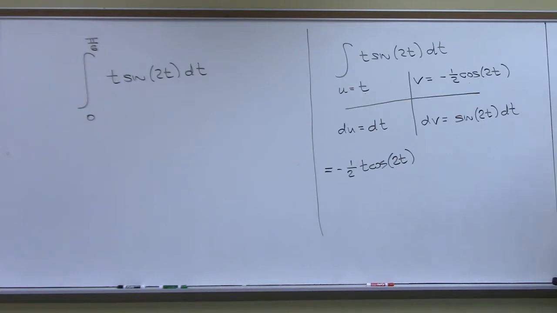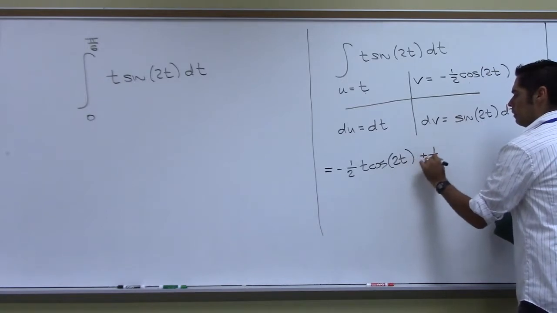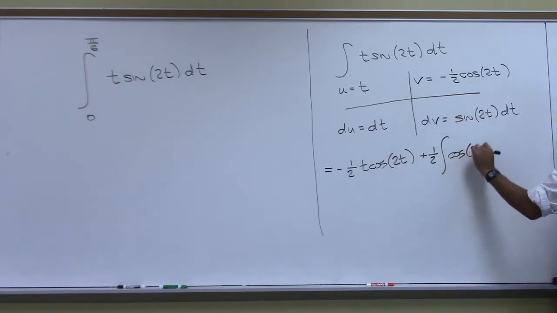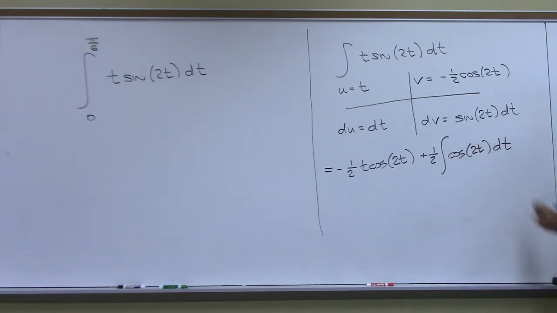Minus voodoo, so what should I write next? Plus 1/2 integral cosine 2t dt. And we can integrate this, right? The antiderivative of cosine 2t is 1/2 sine 2t.